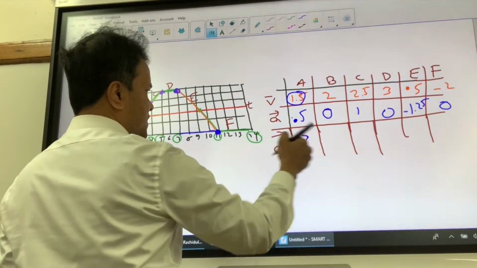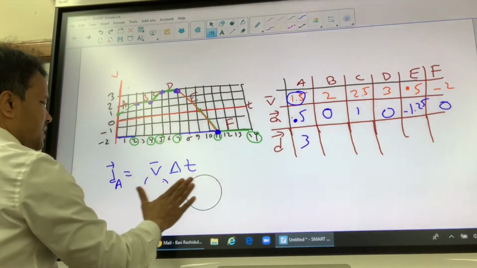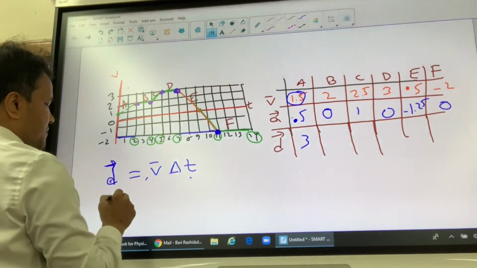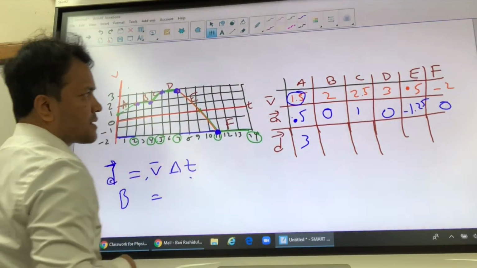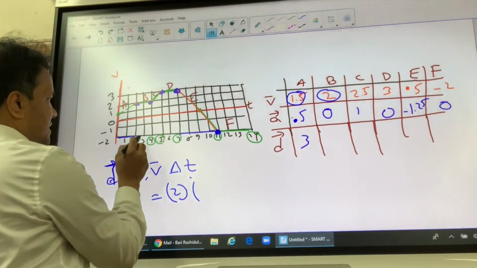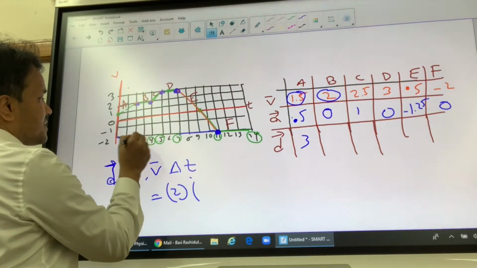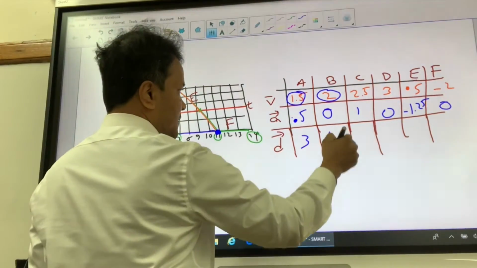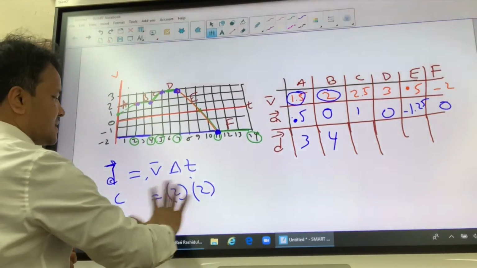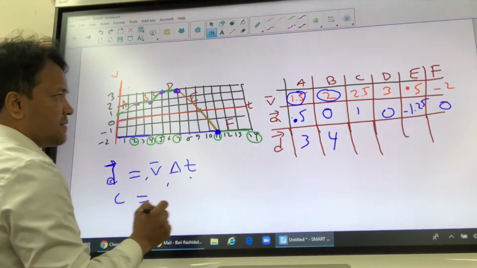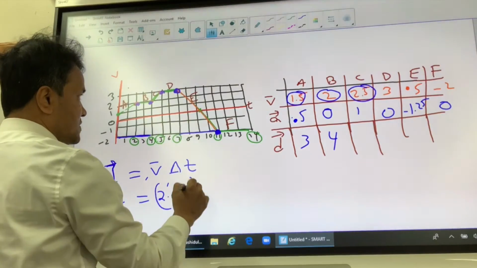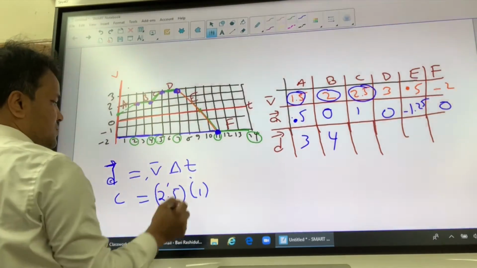So displacement is 3. For section B, average velocity is 2 and elapsed time is also 2, so it's 4. Section C, average velocity is 2.5 and elapsed time is 1, so it's 2.5.